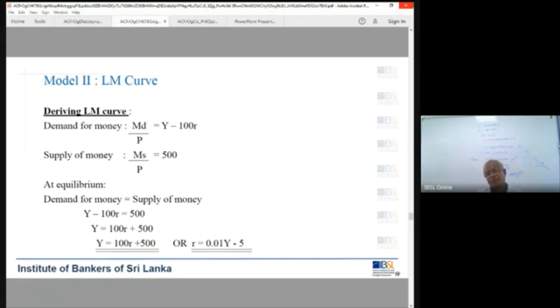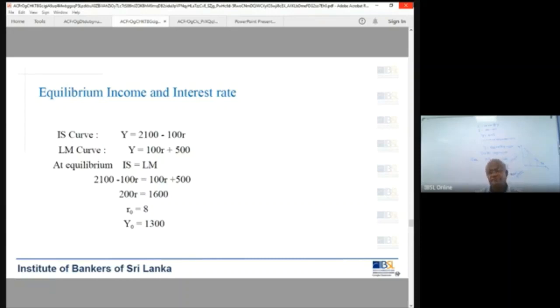We derive the LM curve. Please understand this, it's not difficult. That's why we derive a simple model; in the same way you can extend that to a bigger model.